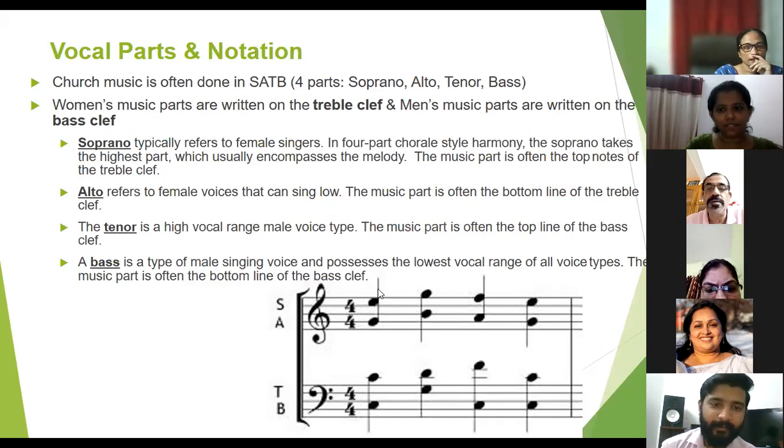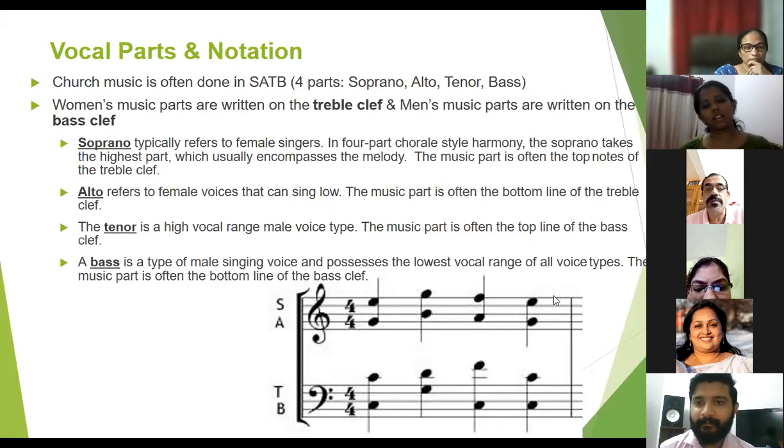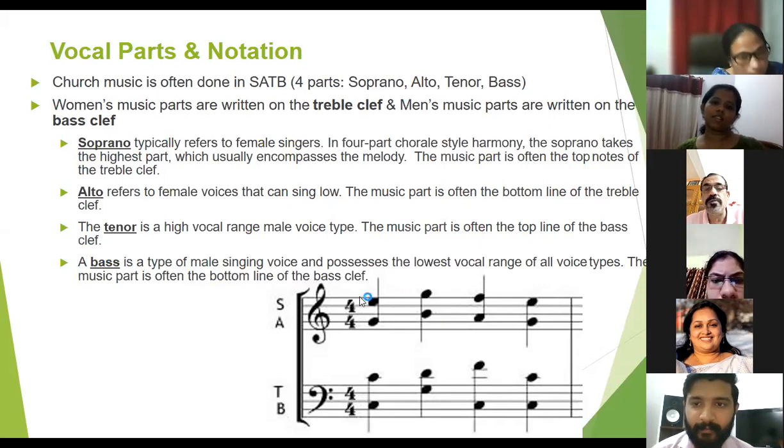So these top notes, this is E, this is what, this is what, this is what. These four notes, the top notes. Yes, Neha, correct. Jeremiah, correct. Ebin, correct. So this is all one beat.